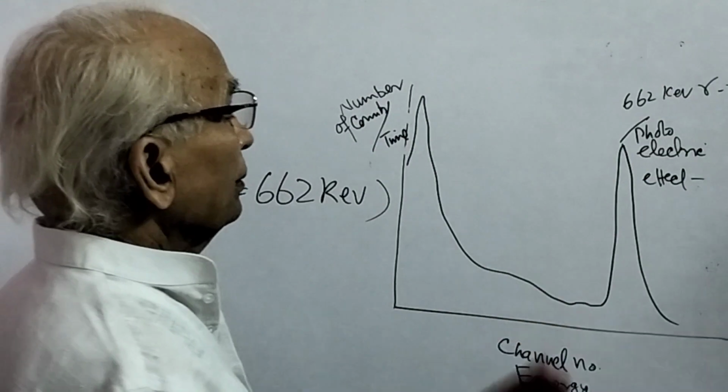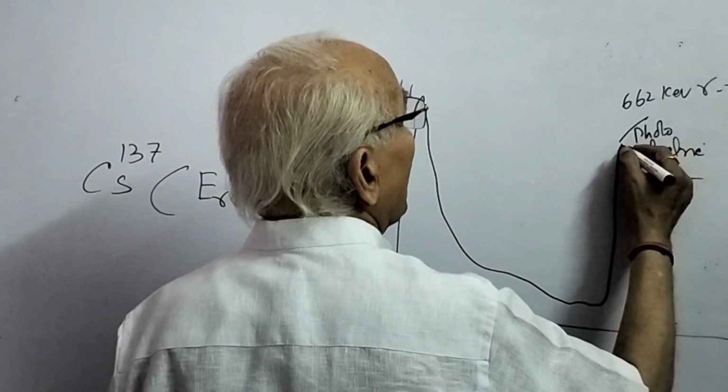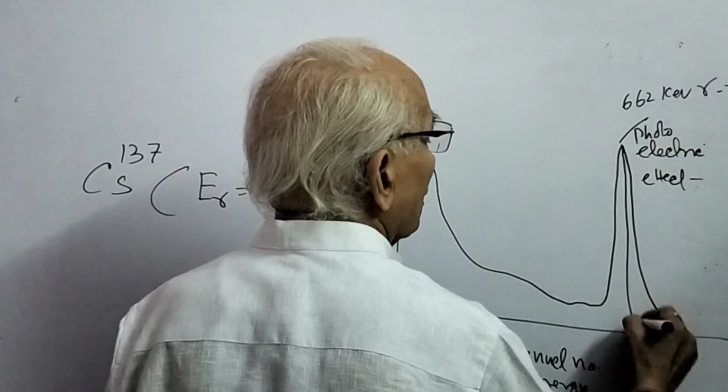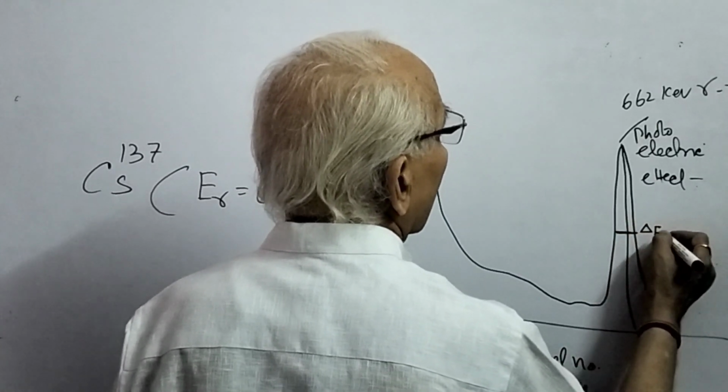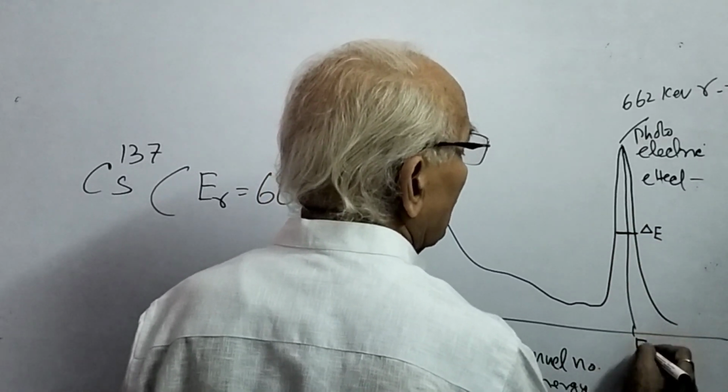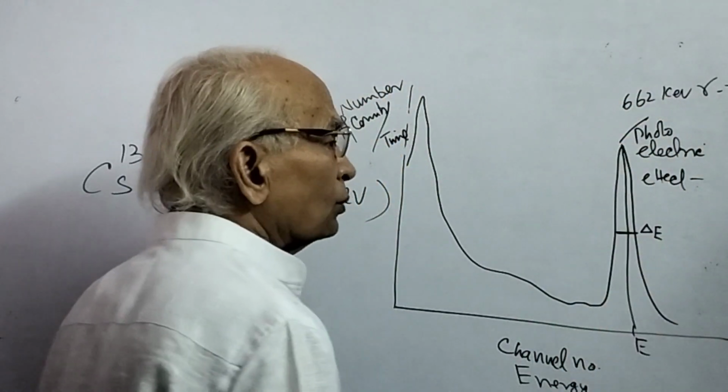It has a natural width here, delta E, and this is the energy E, 662.